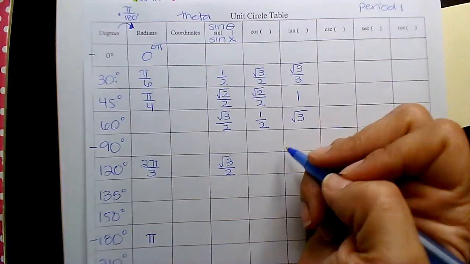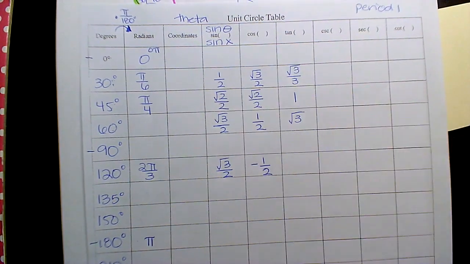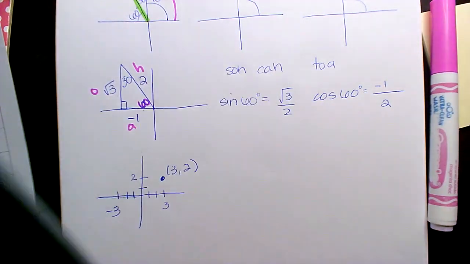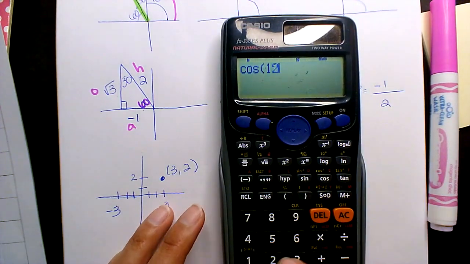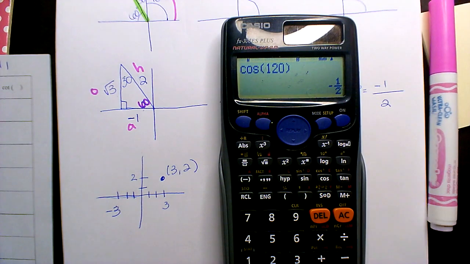And so this is -1/2. And so if you typed it in, there's my -1/2. So for the kids that filled it in like 3 minutes and you're like, oh, can I get credit for this chart?